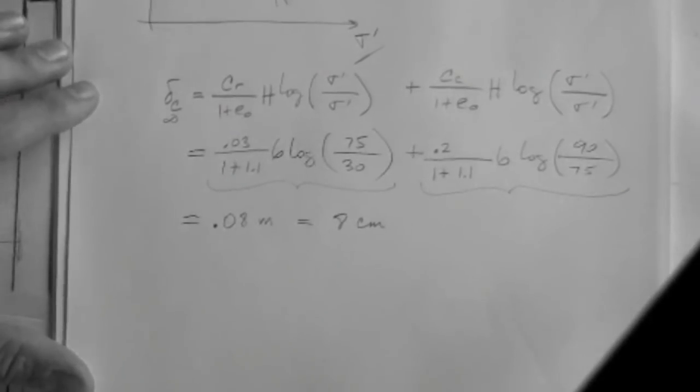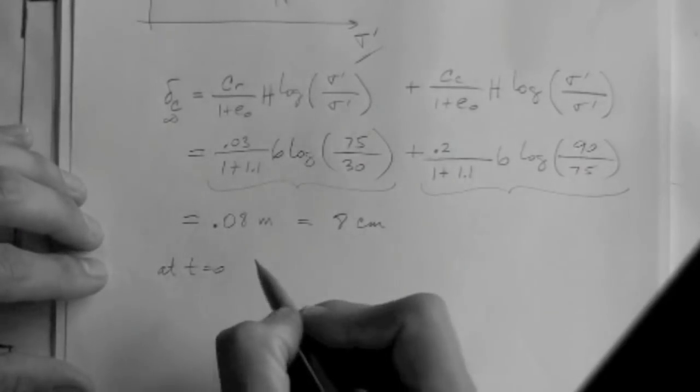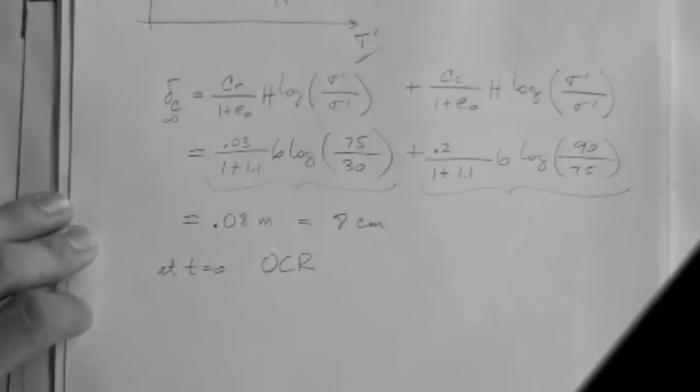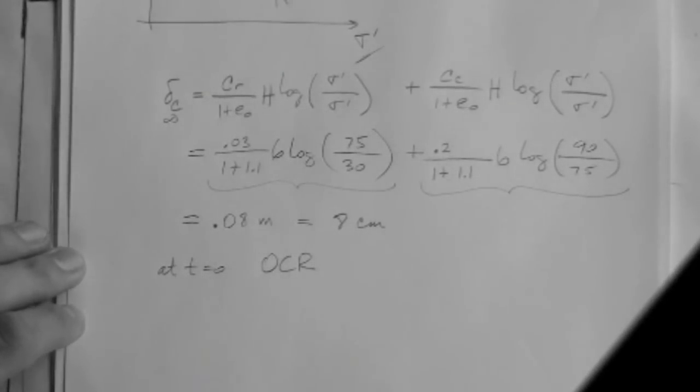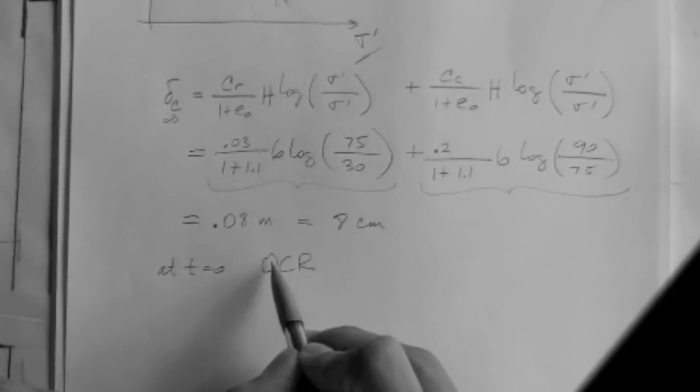At time equals 0, we can describe this relationship between the effective stress at that time and the maximum effective stress felt by the particles in their life with what's called the over-consolidation ratio.